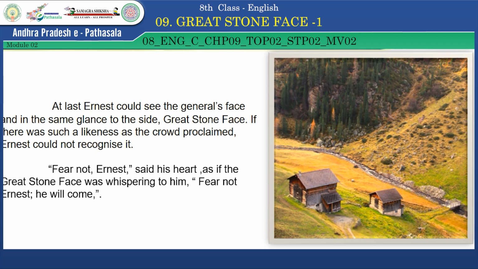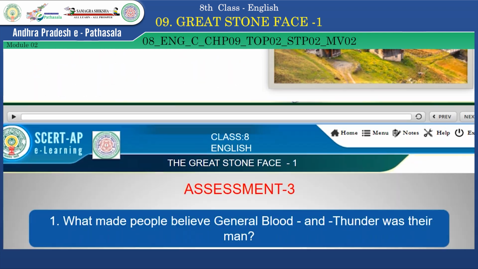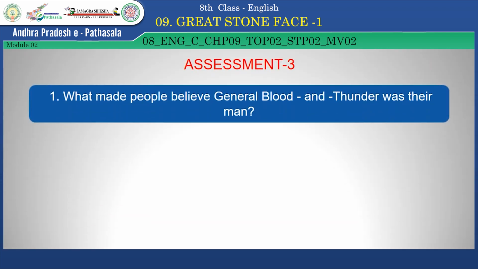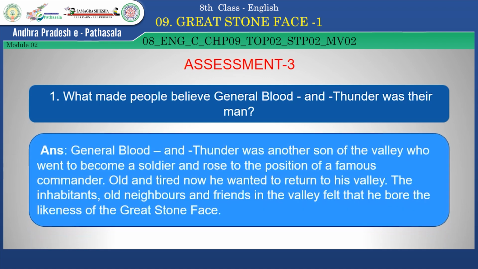Now, answer the following question given in our textbook under the heading Working with the Text at page number 126. What made people believe General Blood and Thunder was their man? Answer. General Blood and Thunder was another son of the valley who went to become a soldier and rose to the position of a famous commander.